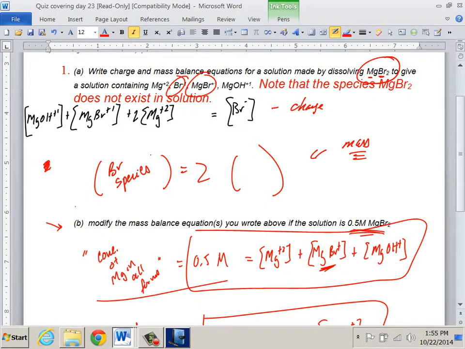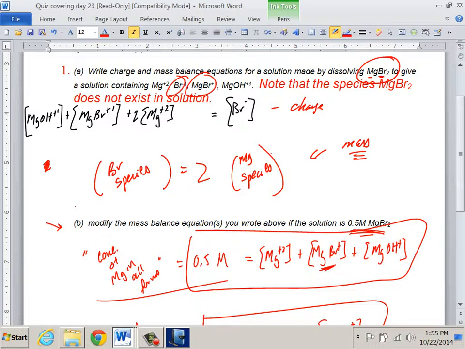Some are going to be over here, and some are going to be over here. But then we have to do some algebra and simplify it. But here's all the magnesium species. And you better write them on both sides. Some bromine species contain magnesium. Some magnesium species contain bromine. Yeah, they better show up on both sides. Okay. So I guess we could write, that's not that bad.